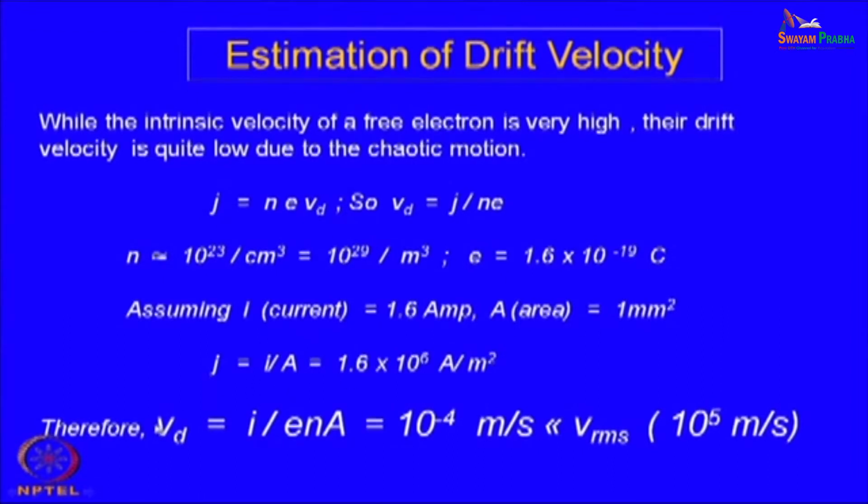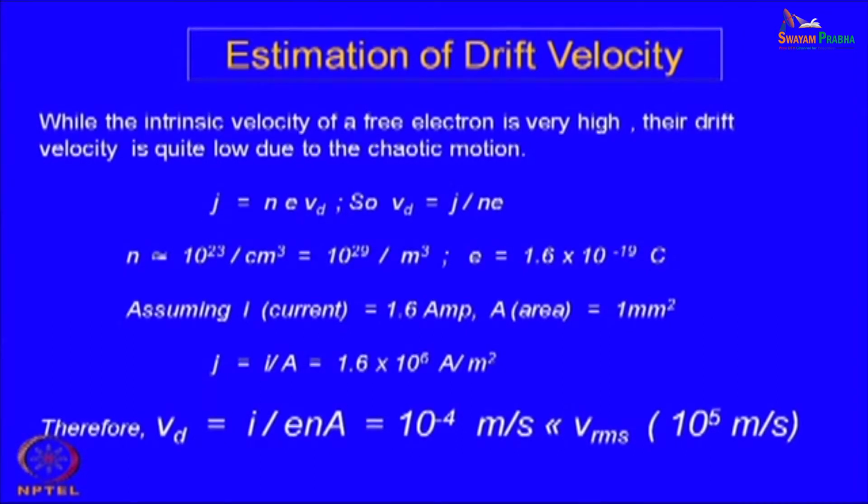So, by this one can get that V d, the drift velocity, becomes about 10 to the power minus 4 meter per second. This is much less than another term we will come across, the root mean square velocity.